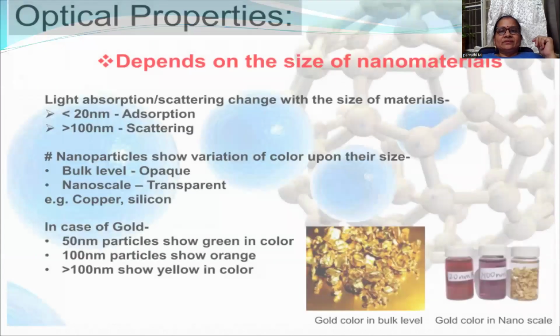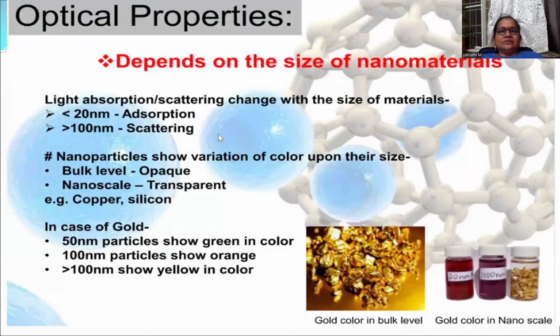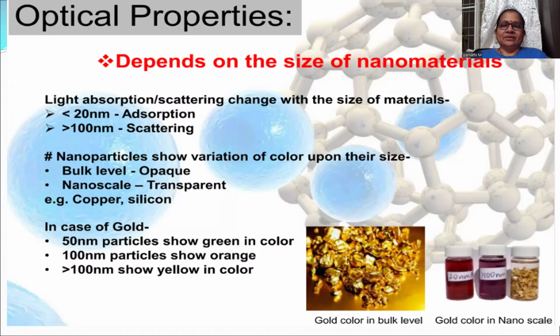So these are general characteristics of a nanomaterial with various applications. Depending upon the size of the nanomaterial, optical properties can be represented like light absorption or scattering. If the nanomaterial is less than 20 nanometer, the property is absorption. Whereas if the size is greater than 100 nanometer, the behavior is scattering.